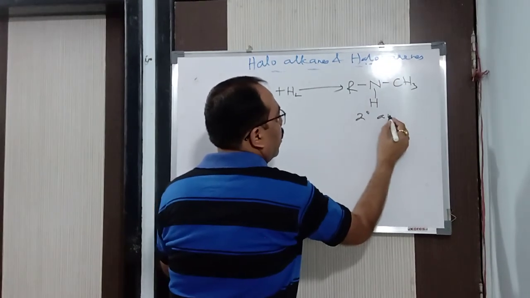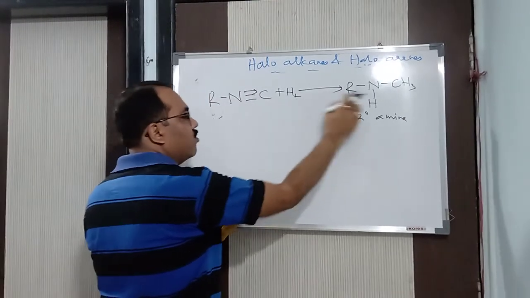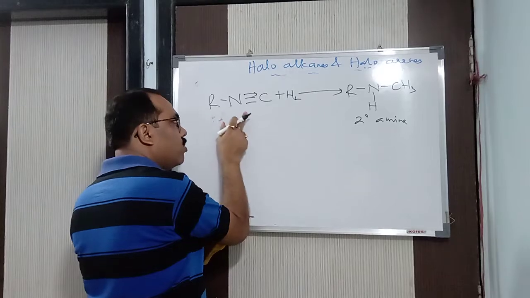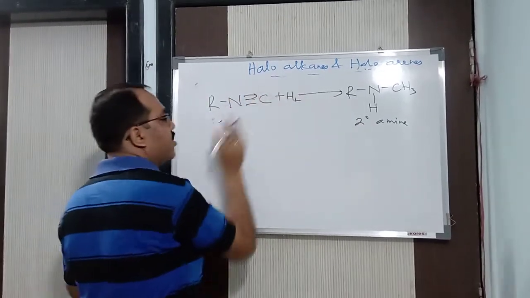This is your 2 degree amine. So nitriles on reduction give 1 degree amine, and isonitriles on reduction give 2 degree amine.